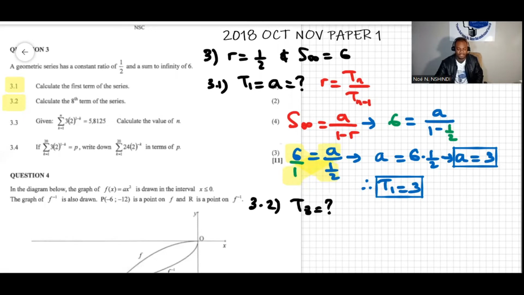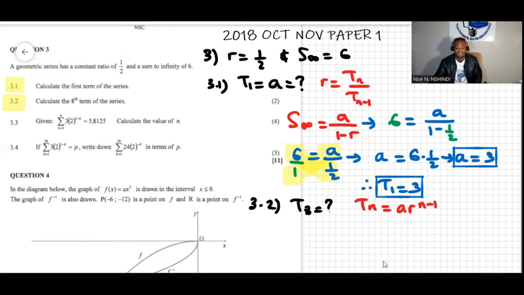Because it is a geometric sequence, the formula is Tn equals a r to the power of n minus 1.